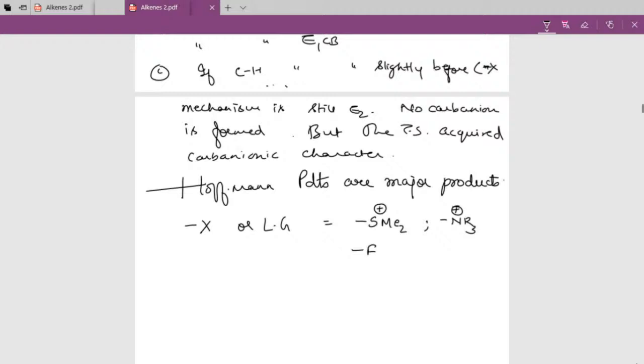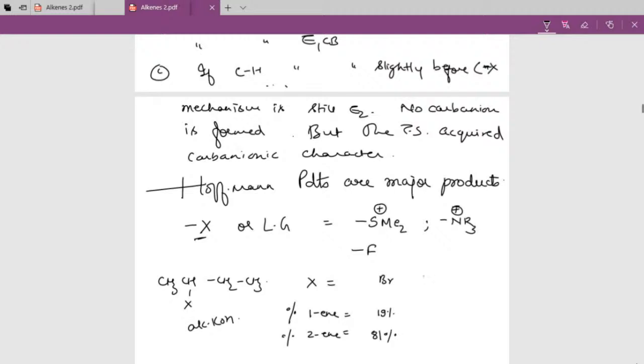Oh, sorry, Hofmann E2. If I could exemplify, in place of this take CH3, CH, X, CH2, CH3, and we take the reaction by the same base. Let me write the percentage of 1 and 2. If X is bromine and you use alcoholic KOH, a small base, then this is 19% and this is 81%.